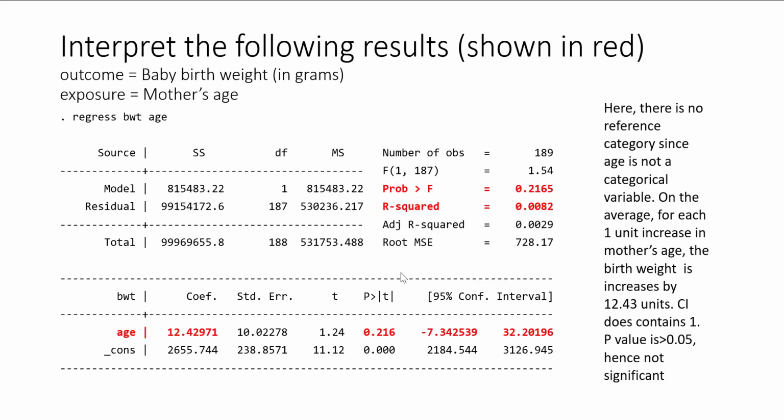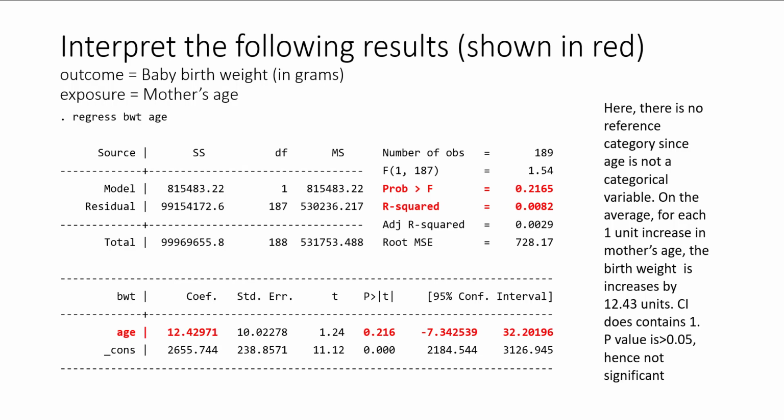So let's look at this one. How do you interpret the mother's age? This is another regression again, multiple regression. Now, like I told you before, same thing here. This is the probability here, the p-value 0.2165, they are the same. So the p-value is above 5%, that is above 0.05.